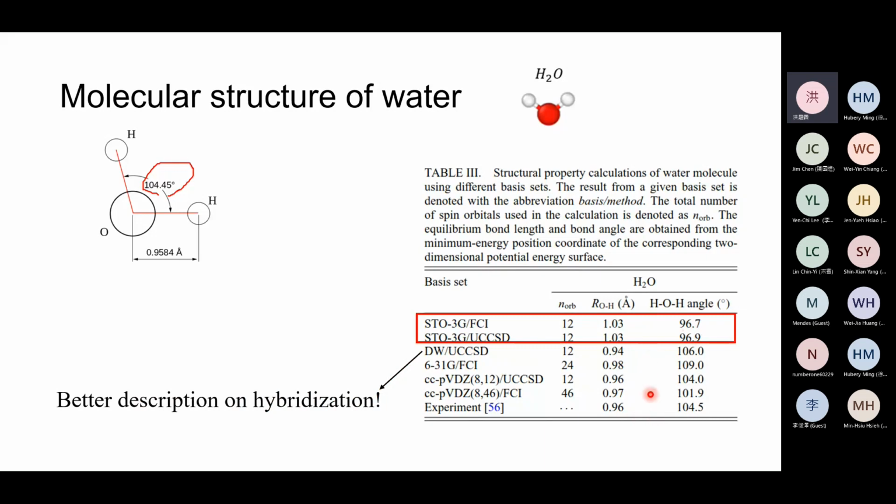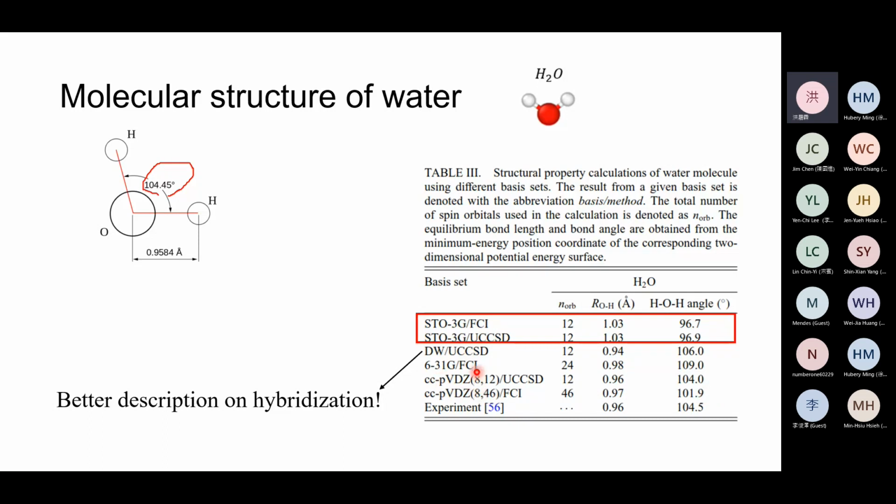And with the prediction of the larger basis set, consider the cc-pVDZ 846 FCI method here. We can get a better description of the hybridization of the water molecule. Note that here the cc-pVDZ 812, the truncated active space method, yields better results in bond length and bond angle than the FCI results.